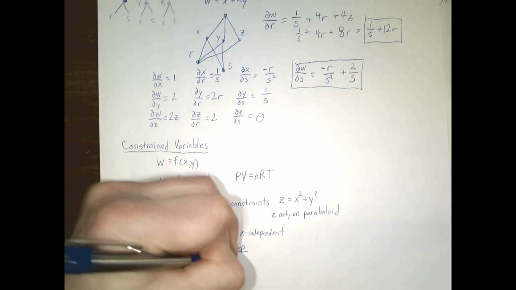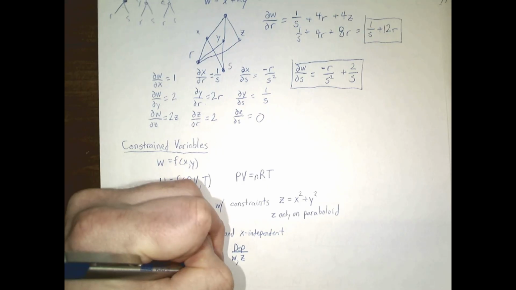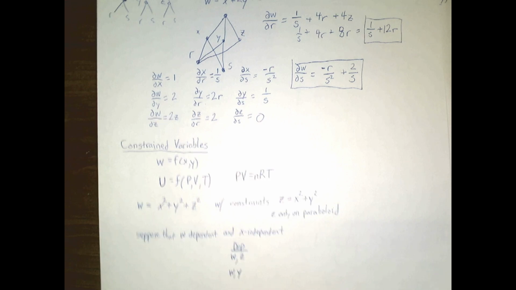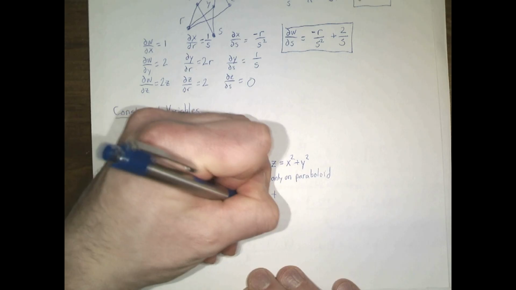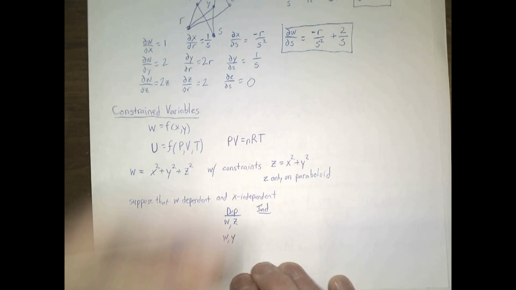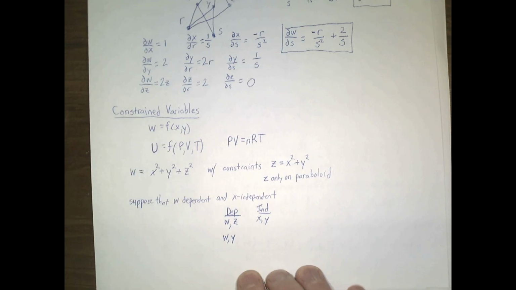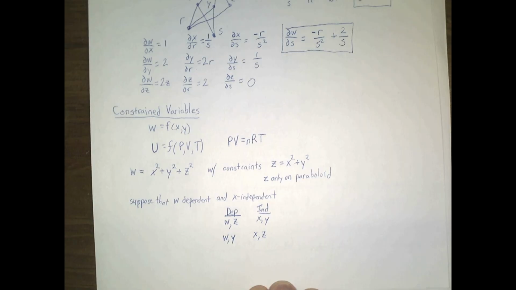We could have one choice where w and z are dependent, or a different choice where w and y are dependent. X by definition is always going to be independent here. And so if z is dependent, that leaves y as an independent variable. And if y is dependent, that leaves z as an independent variable.